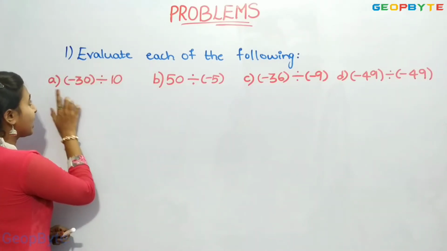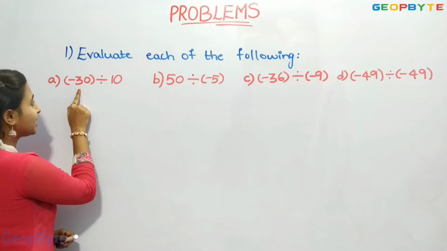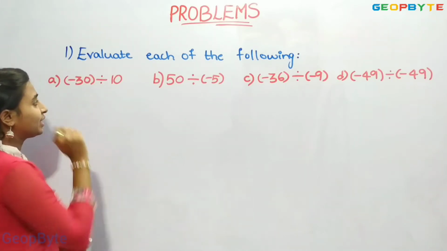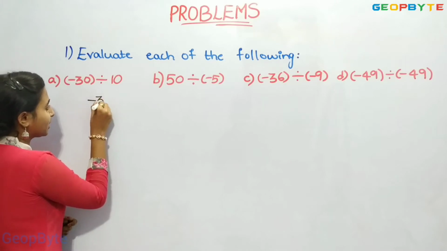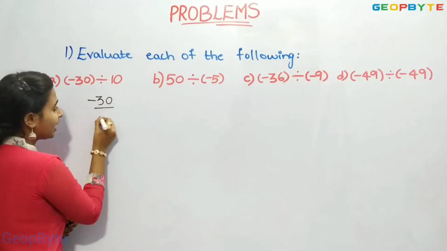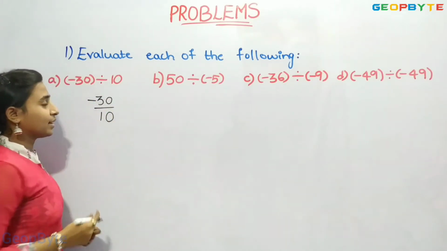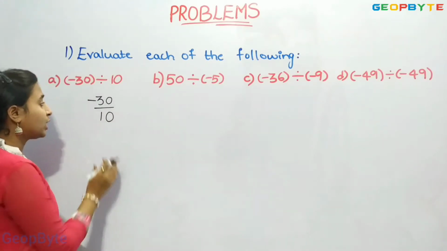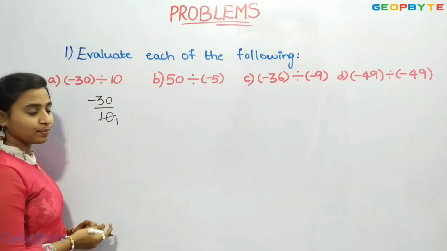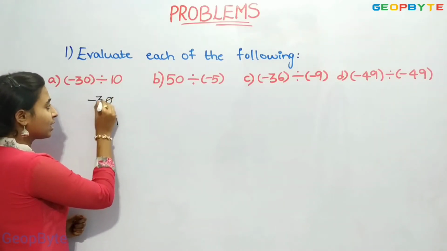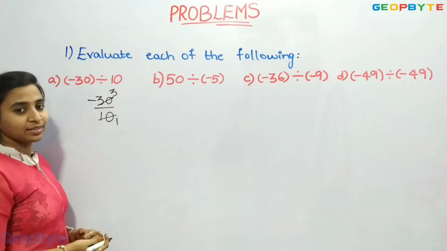If you see A bit, minus 30 divided by 10. We can also write this as minus 30 by 10. Now, we need to solve this. 10 ones are 10, 10 threes are 30, right?